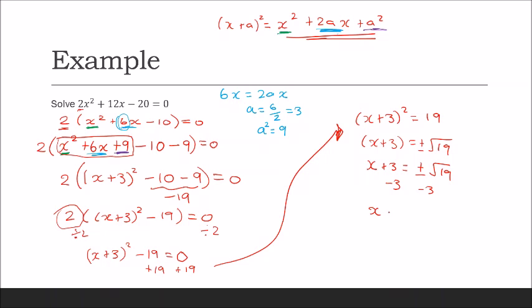So x is equal to minus 3 plus or minus square root of 19. And that would be your final answer because we can't simplify the square root of 19. So again, just look for what the question's asking as to what you're needing to do.